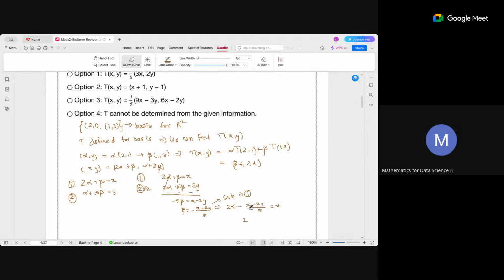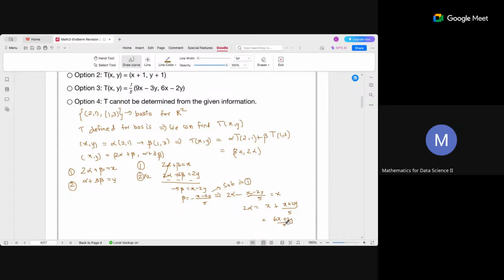So 2 alpha is equal to x plus (x minus 2y) by 5, so (5x plus x) is 6x, plus 2y by 5. Now you have 2 on both sides, so you can cancel out and get alpha equal to (3x plus y) by 5.